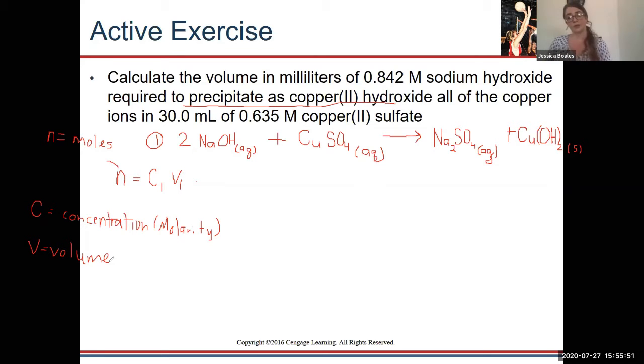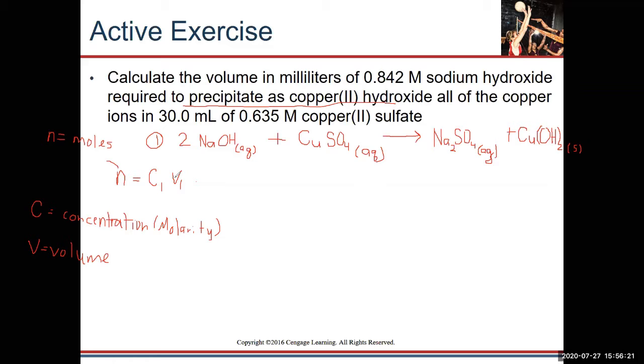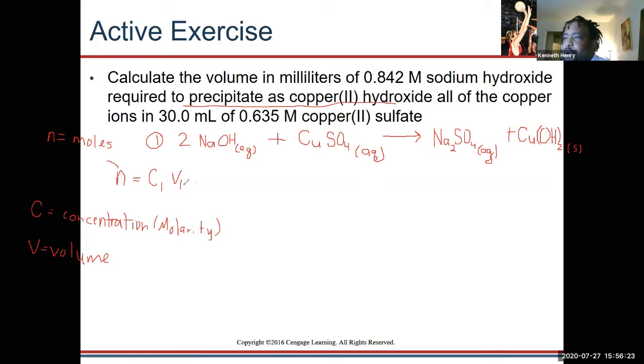So can I figure out how many copper ions are in 30.0 milliliters of 0.635 molar copper sulfate? Yes, right? Because if I just multiply the concentration times the volume, doesn't that give me my number of moles? Yes. Okay, I'm glad you guys are working with me here.